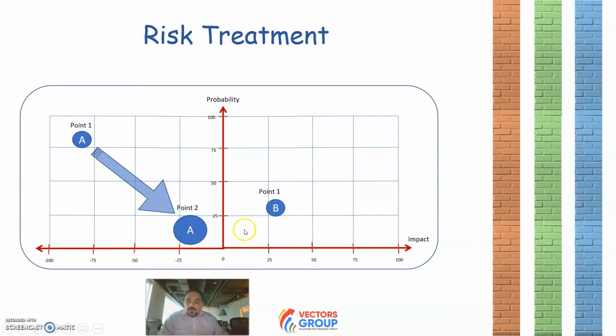For positive risk, what we try to do is to push risks to the upper corner, because we want to increase the probability and increase the level of positive impact. We also want to increase the size of the circle in both cases, in both negative and positive zones, because we want to be able to control the risk.